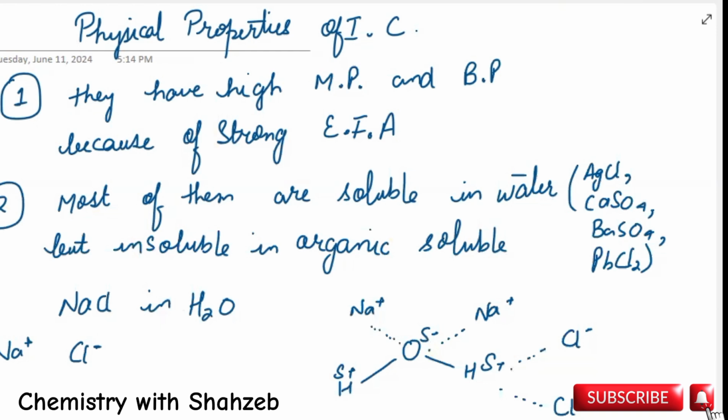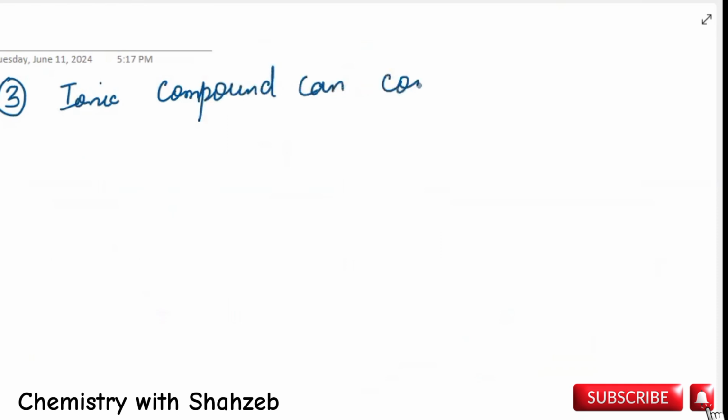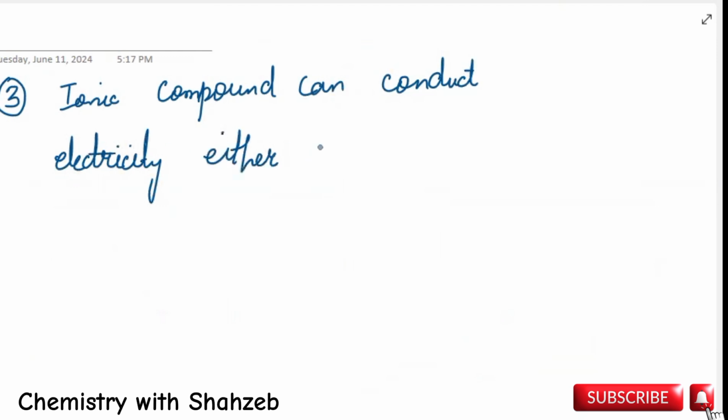Let's move further towards the third physical property: ionic compounds can conduct electricity, either in molten form or in aqueous form.